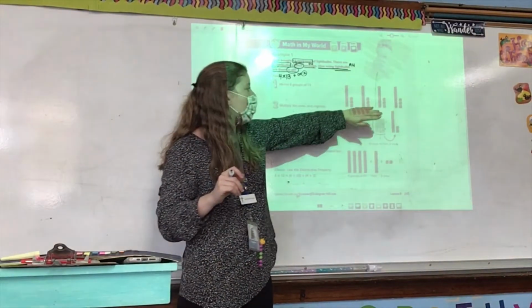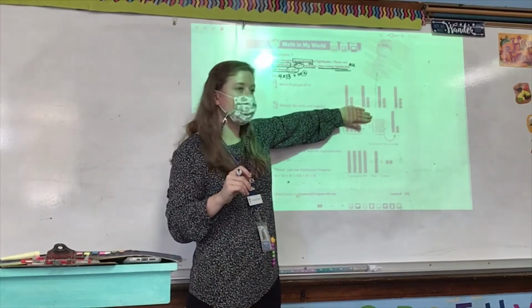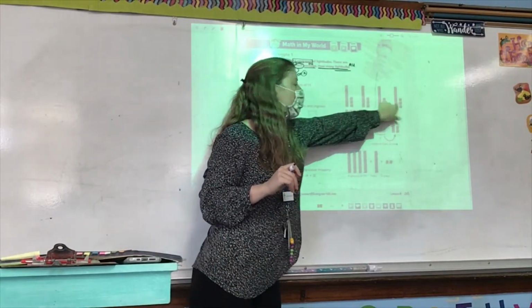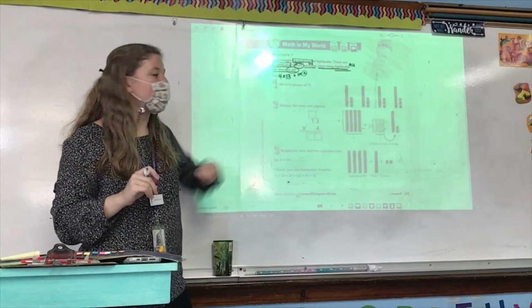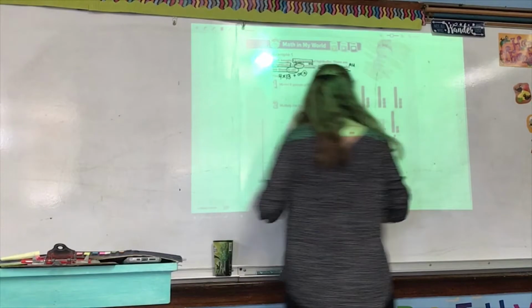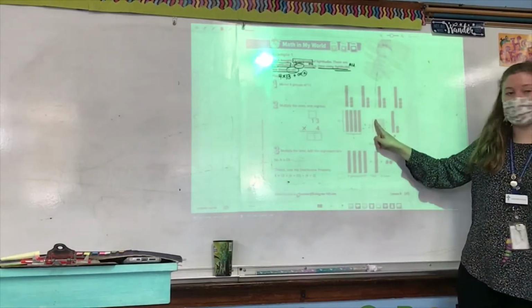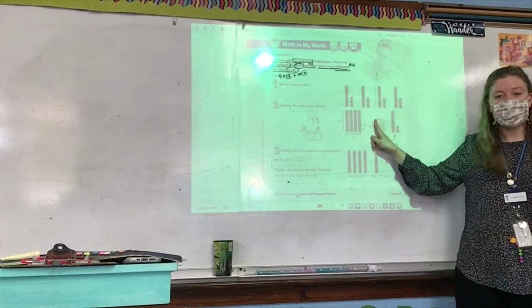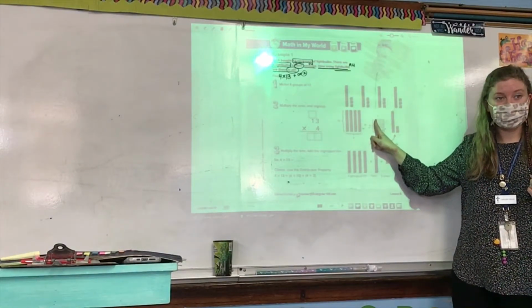So we have our model of 4 times 13. We have 13 repeated 1, 2, 3, 4 times. With base 10 blocks, we know we count the ones first. So let's count the ones together. Use your finger, look in your book or the tip of your pencil, but keep up with me.